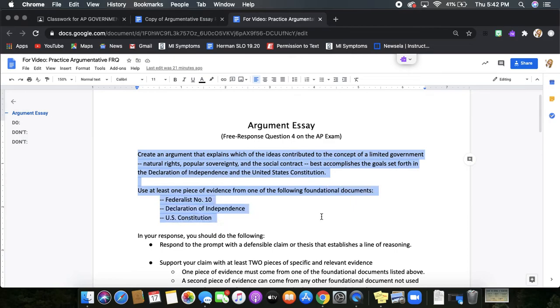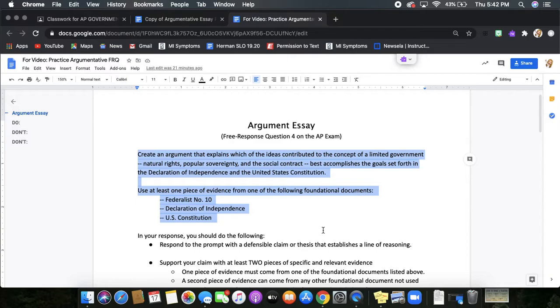What were the documents? Create an argument that explains which of the ideas contributed to the concept of a limited government: natural rights, popular sovereignty, and the social contract. Which of those best accomplishes the goals set forth in the Declaration of Independence and the United States Constitution?